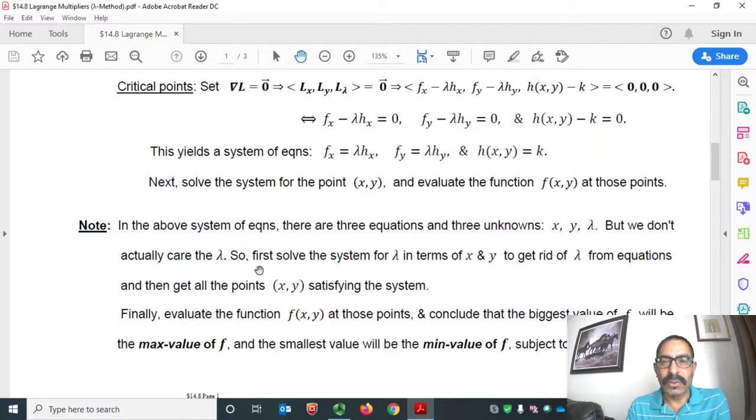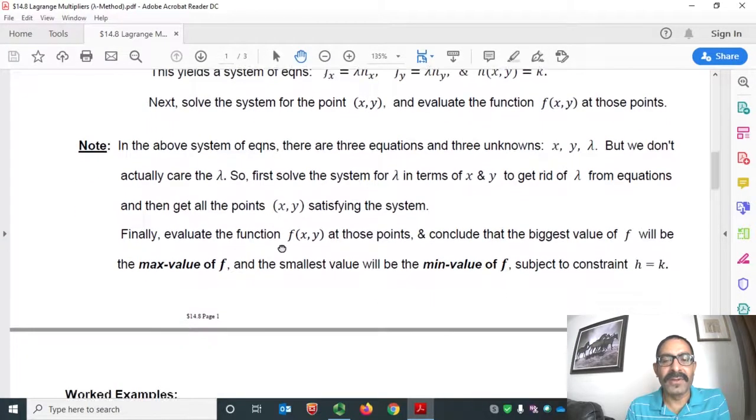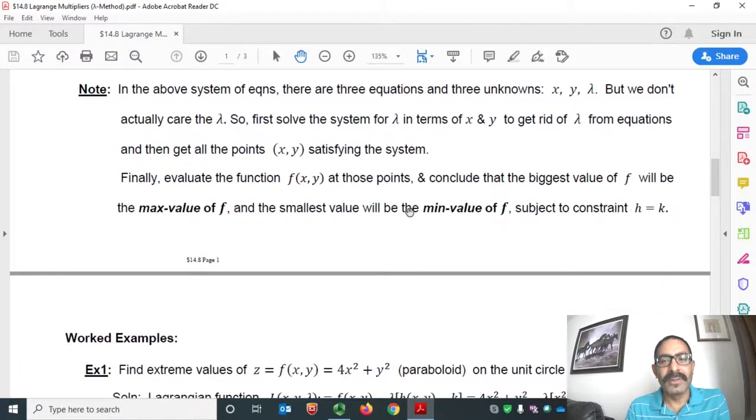So first solve the system for lambda in terms of x and y to get rid of lambda from the equations, and then get all the points (x,y) satisfying the system. Finally, evaluate the function at those points and conclude that the biggest value of f will be the maximum value of f, and the smallest value will be the minimum of f subject to the given constraint.